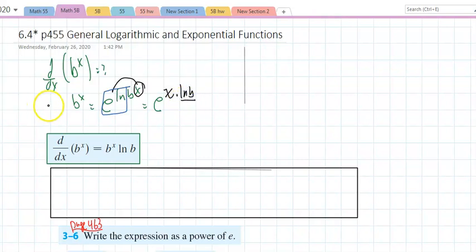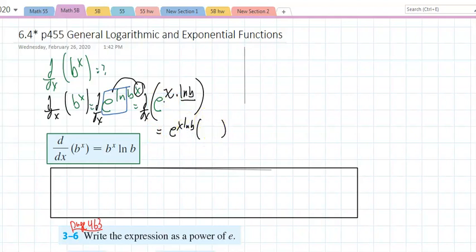So now, if I take a derivative of this, I know how to take a derivative of an exponential. The derivative of an exponential is the exponential times the derivative of the exponent.